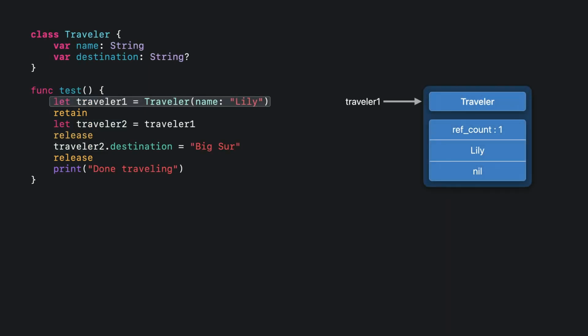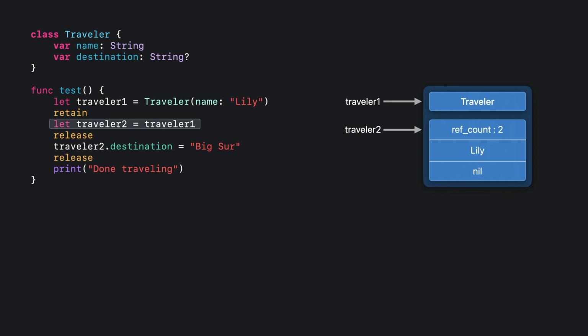First, the traveler object is created on the heap and initialized with a reference count of 1. Then, in preparation of the new reference, a retain operation executes, incrementing the reference count to 2. Now, Traveler2 is also a reference to the traveler object.